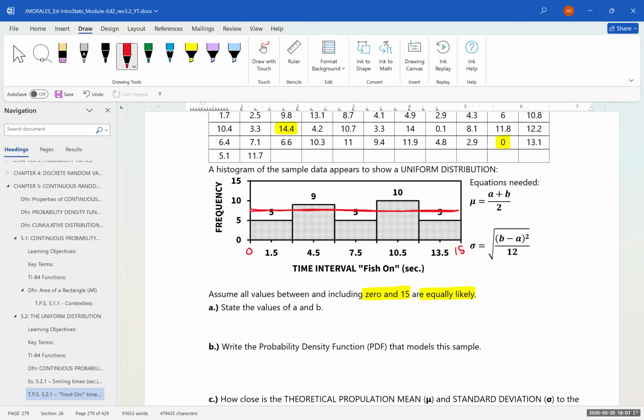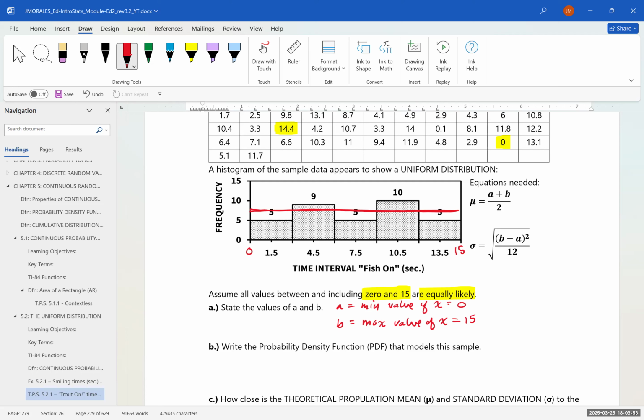It says state the values of a and b. So a is the minimum value of our horizontal axis, which will be 0, and b is the maximum value of x, which is the maximum value on our horizontal axis. And that'll be 15.